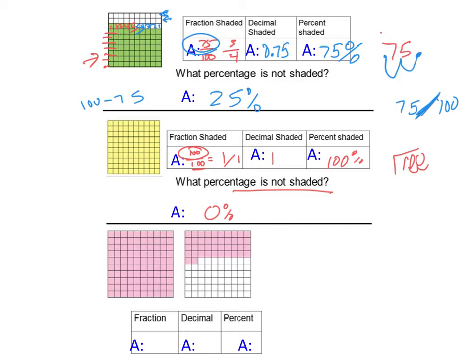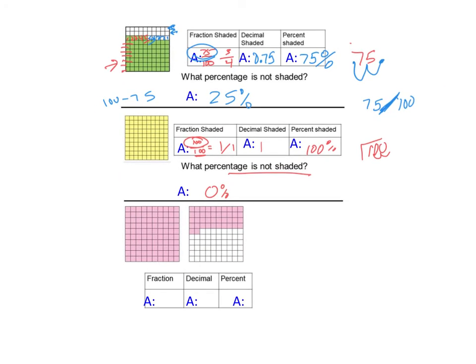All right. Then my last one, I have one entire grouping of 100 plus 10, 20, 30, 40, 41, 42. I have 142 little boxes. One entire box is 100 little boxes. So it's 142 out of 100.